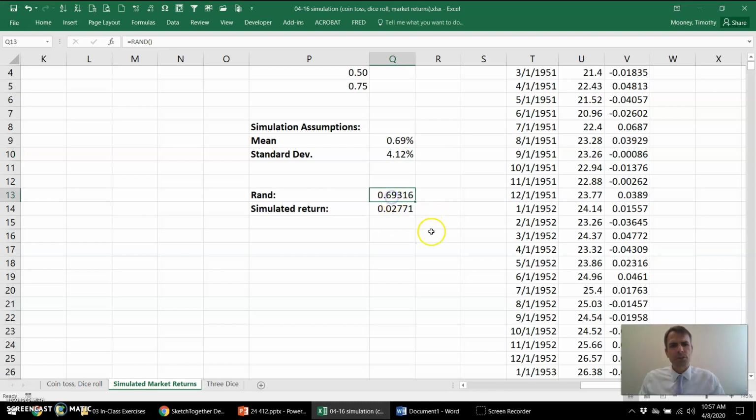So 0.69316 corresponds to about the 69th percentile of a normal distribution. And what the function is doing is saying, given the mean and the standard deviation, give me the 69th percentile of the normal distribution with a mean of 0.69% per month and a standard deviation of 4.12%.